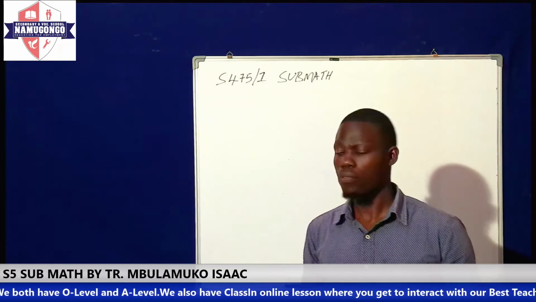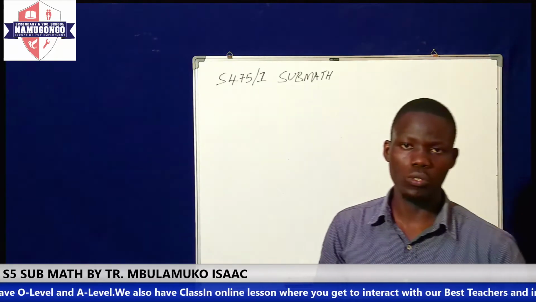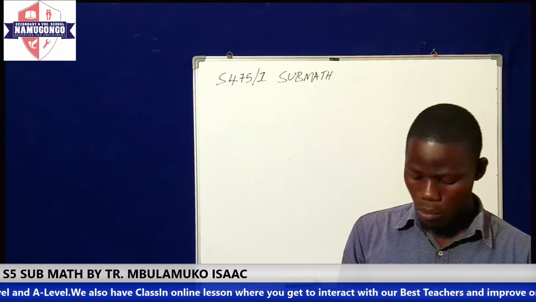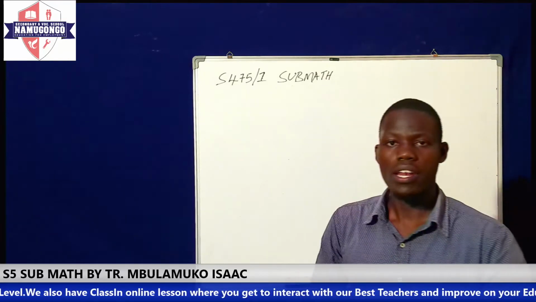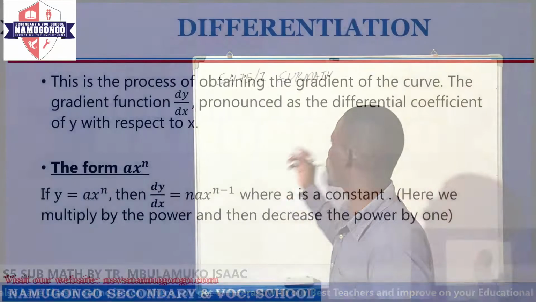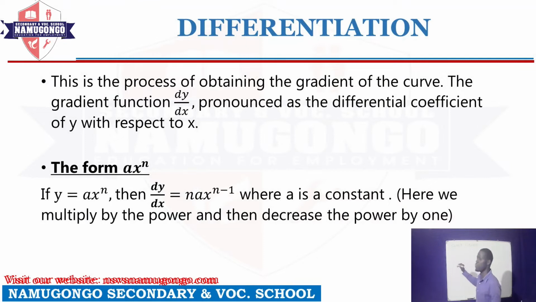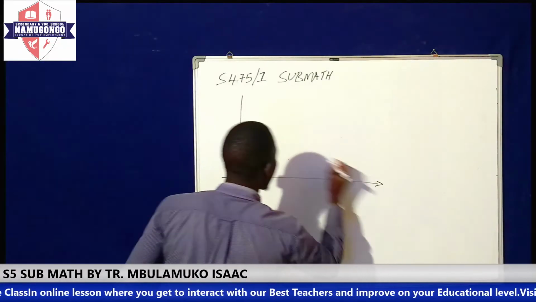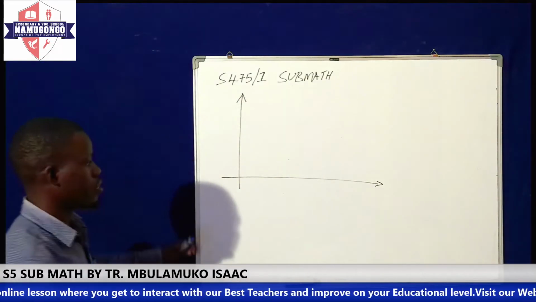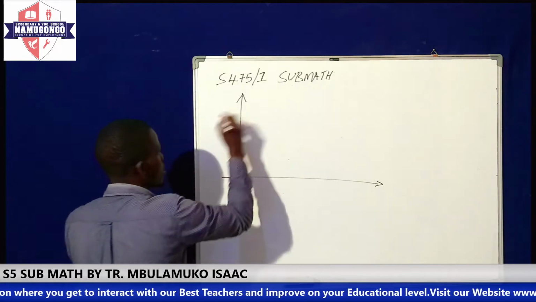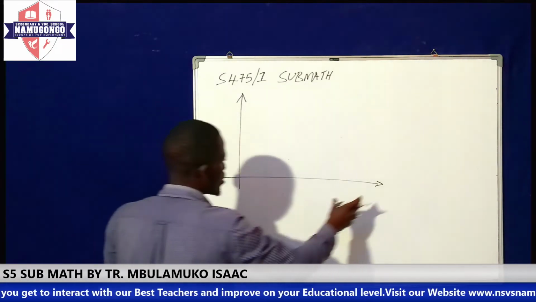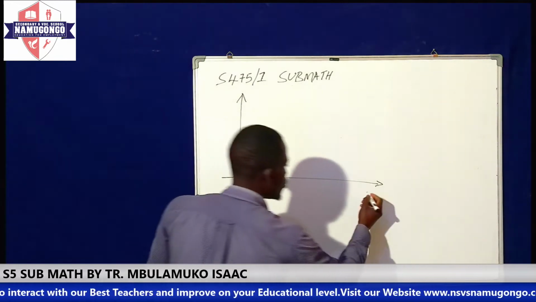To start off now, since we said we need to know what differentiation is, what would someone call differentiation? Now, when we are defining it in math, we define it as the gradient of the curve. When you talk of a gradient, someone will still ask you, what is a gradient? For example, if I sketch my axes, I have my vertical axis and my horizontal axis.